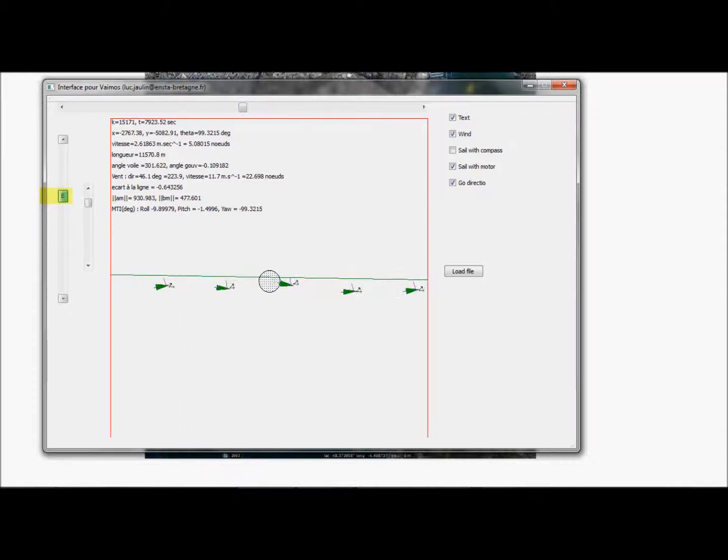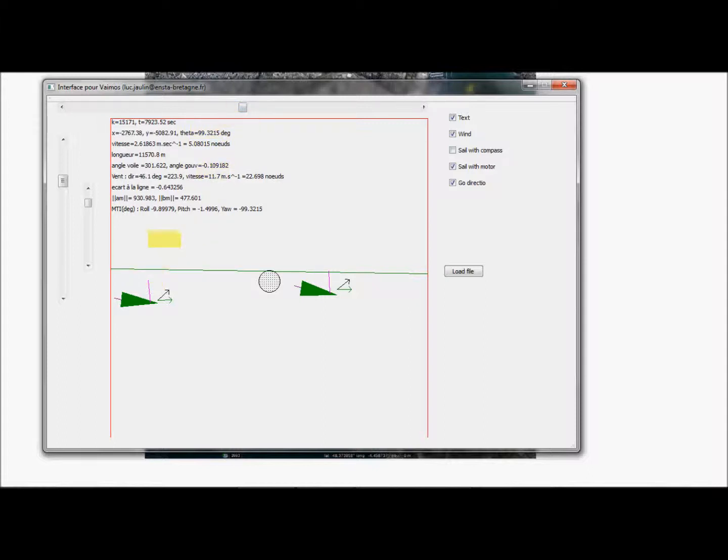We can see that the wind comes from this direction, the heading comes from this direction, so there's still an error between the line and the boat. The vector field makes the boat attracted by the line, but there is still an error. But the error is only a few meters, as indicated here.